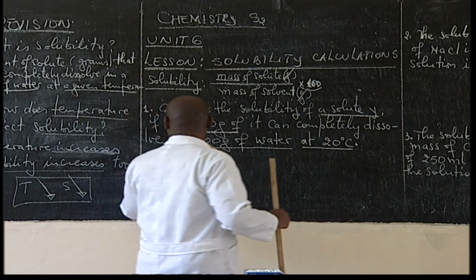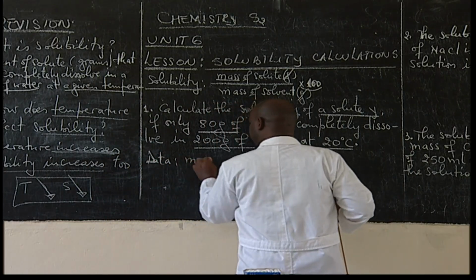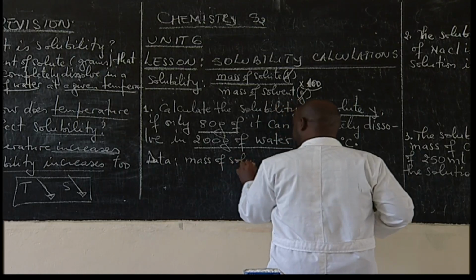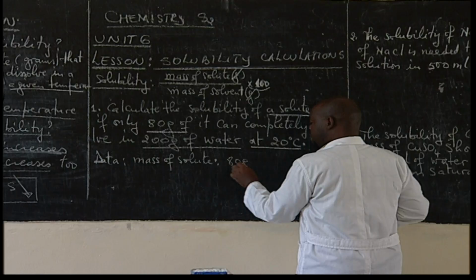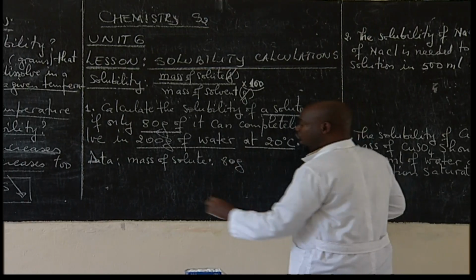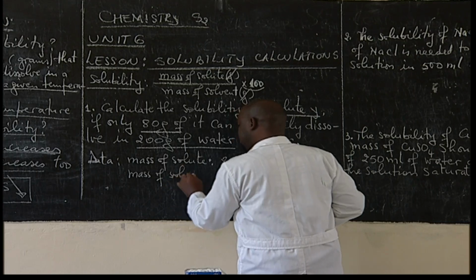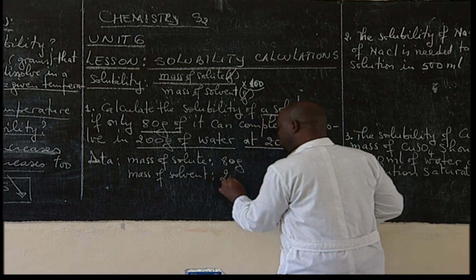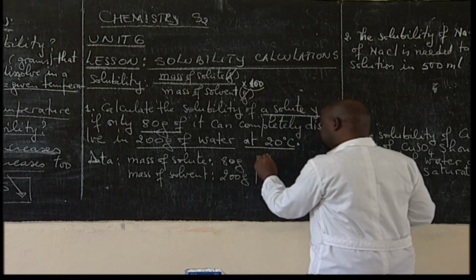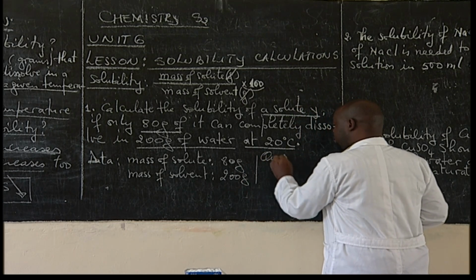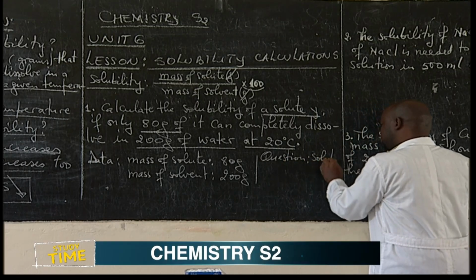And the data we have here is the mass of solute, that is 80 grams, and mass of solvent, which is 200 grams. And what is being asked, the question we have, is to find solubility.